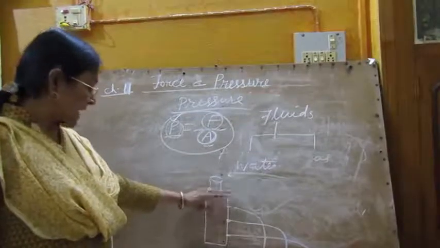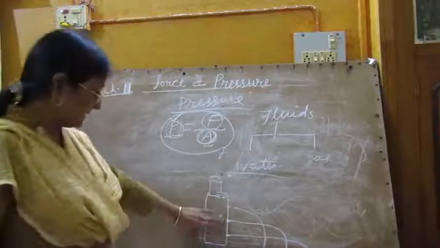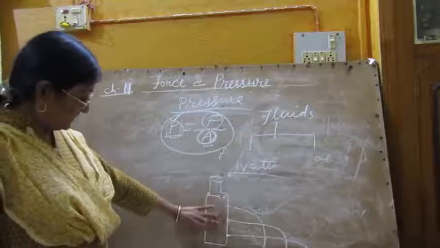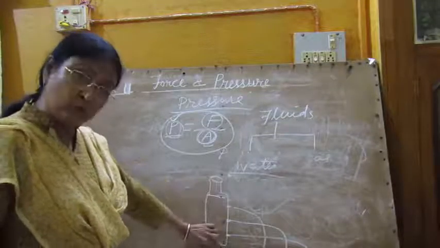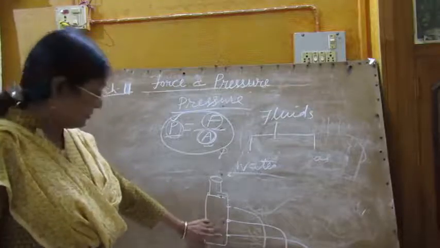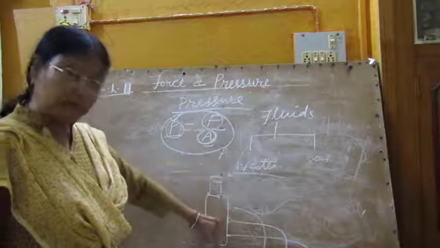The liquid pressure increases as the depth increases. Depth means we go from up to down, not down to up. We measure depth from the upper side to the lower side.